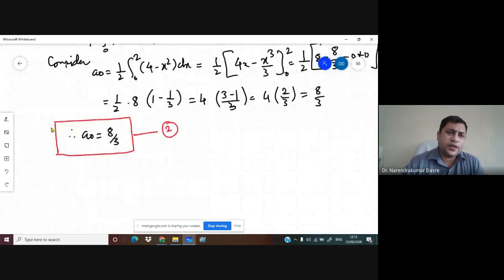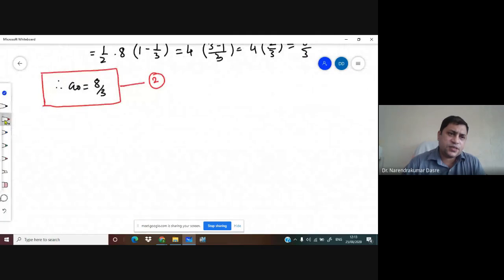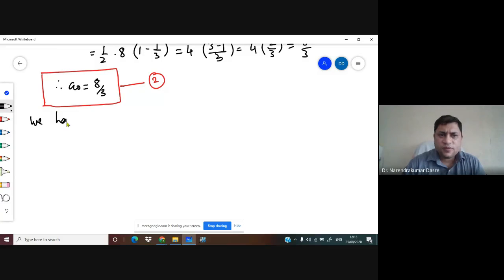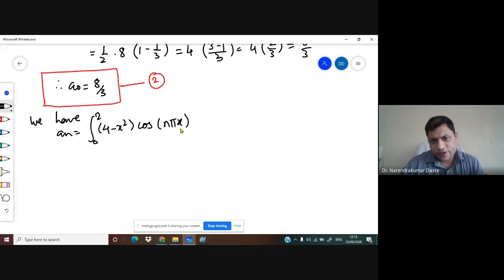Now we have to find out what an is, so let us calculate an. Then we have an is equal to integral 0 to 2 of 4 minus x square cos of n pi x dx.